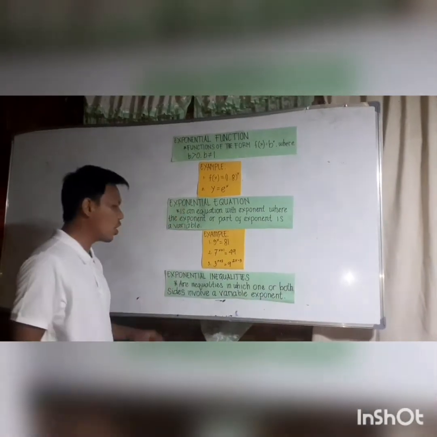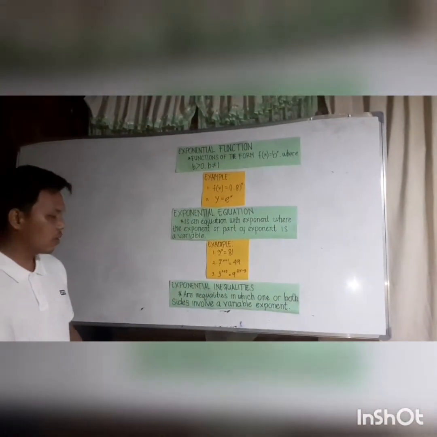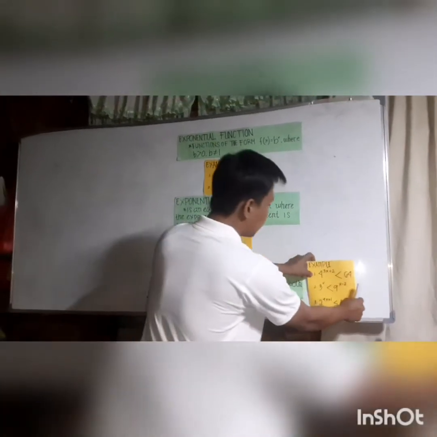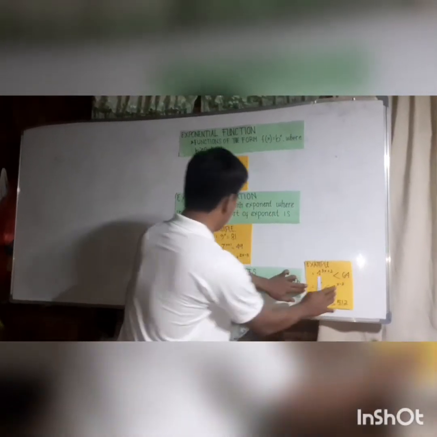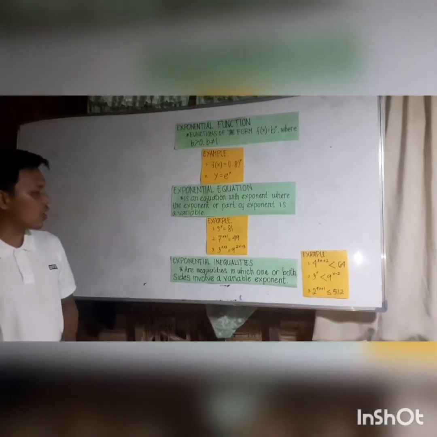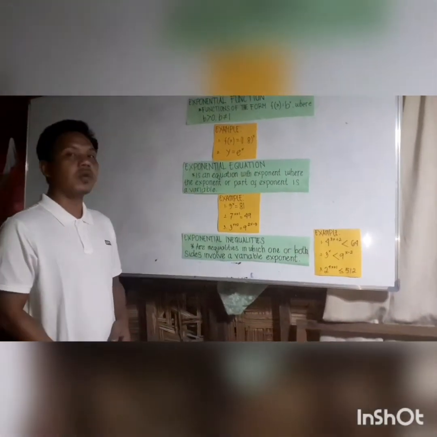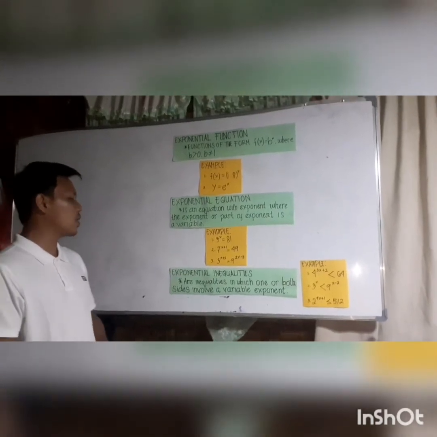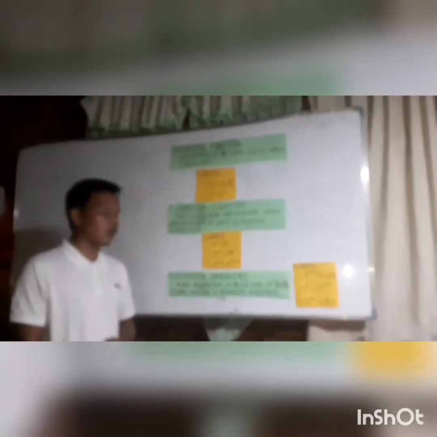So the next one, the last one, is the exponential inequalities. Here is an example of exponential inequalities. Exponential inequalities are inequalities in which one or both sides involve a variable exponent.